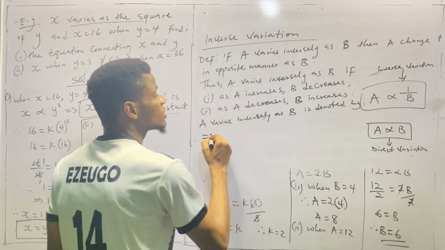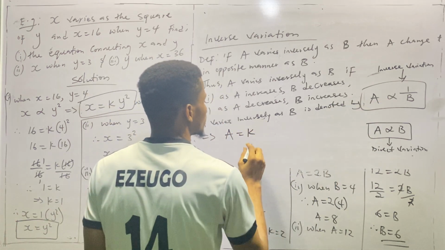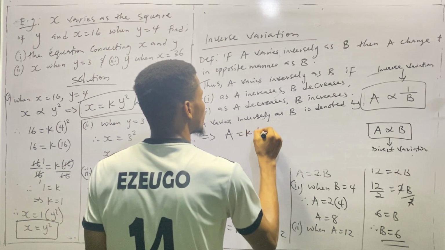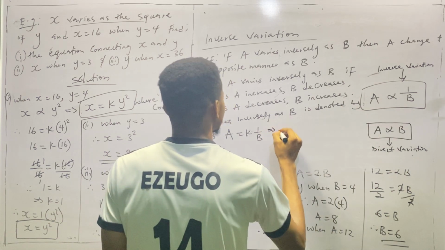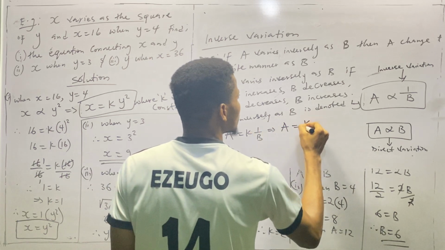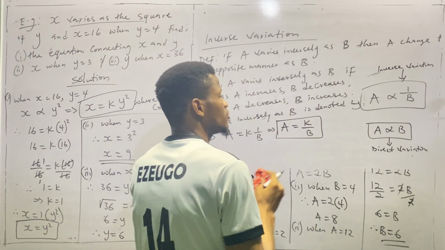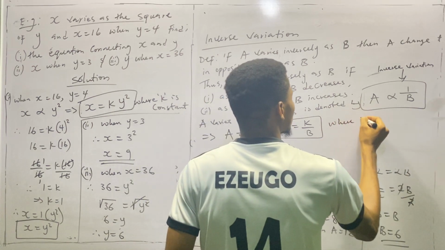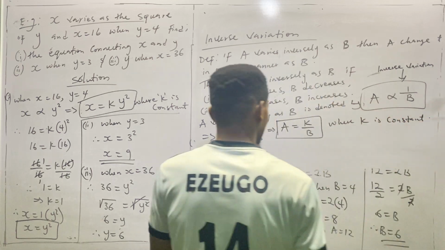So this implies that A is equal to K over B. I introduce a constant, which is the same thing as A equals K times 1, which is K, all over B. So this will be our equation for inverse variation, where K is constant.